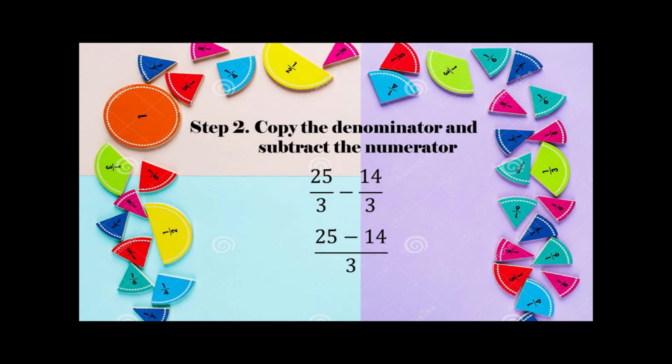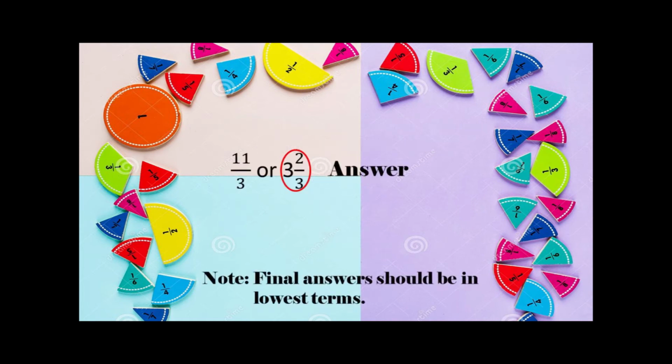Let's proceed to the next step. Copy the denominator and then subtract the numerators. So we have 25 minus 14 is 11 over 3. What is the lowest term of 11 over 3?